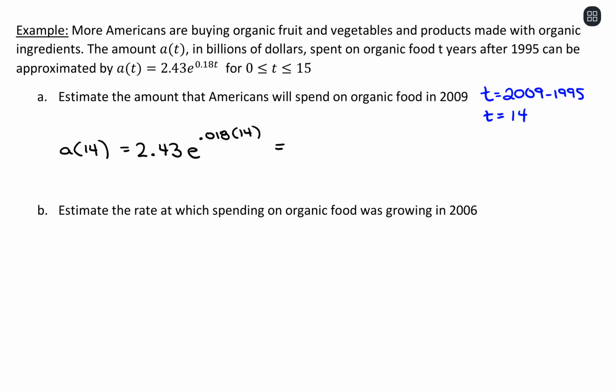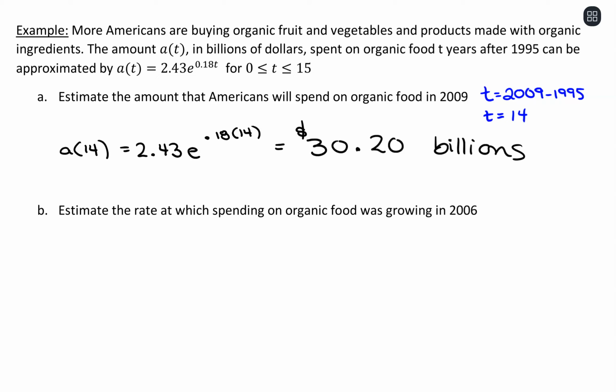And we're just going to plug that into a calculator. So 2.43 e to the 0.18 times 14. Using 0.018 would have given a very different answer. And we are getting 30.20. And that's in billions of dollars.